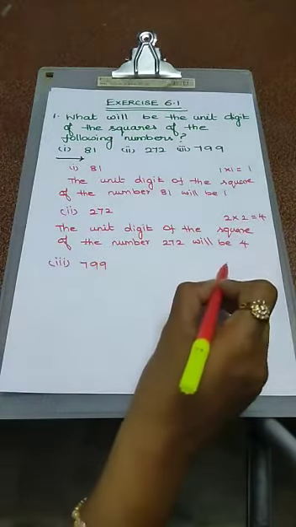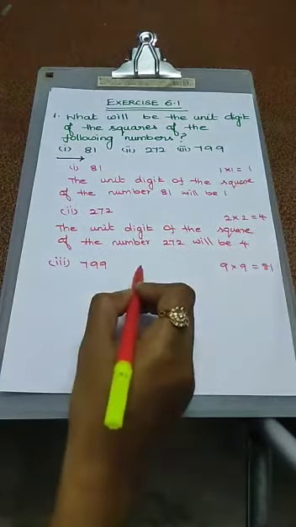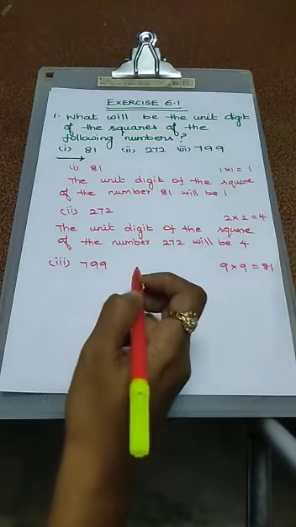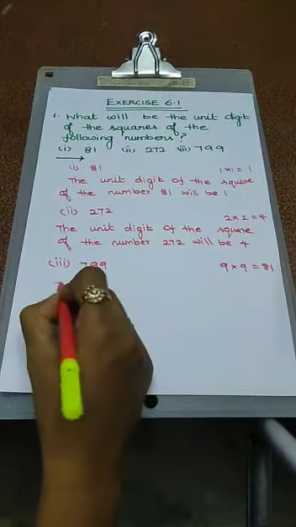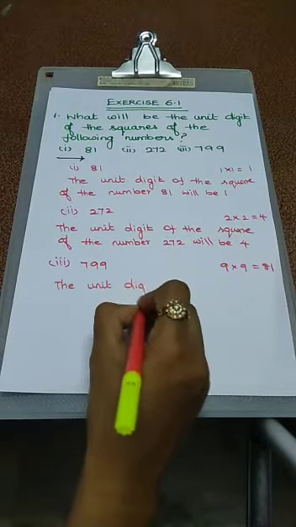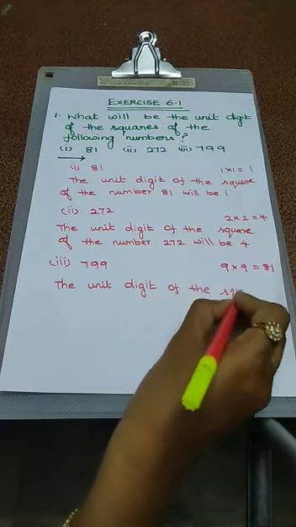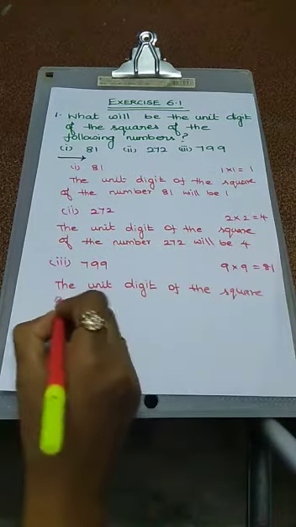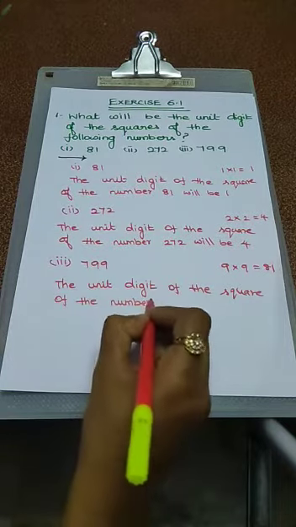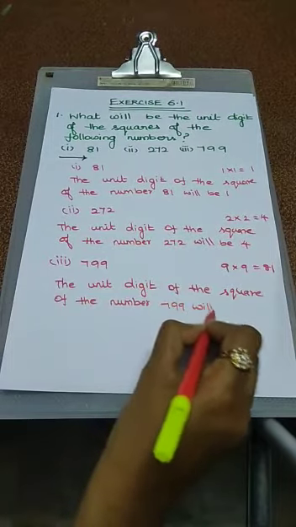How can we get the answer? 9 into 9 is equal to 81. So the unit digit of the square of the number 799 will be 1. So the answer is the unit digit of the square of the number 799 will be 1.